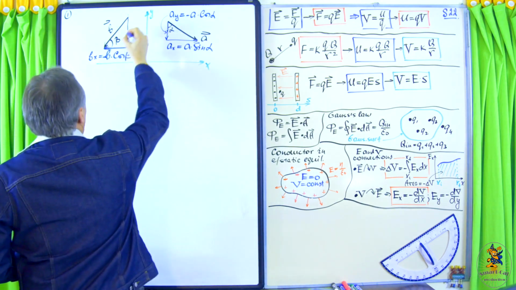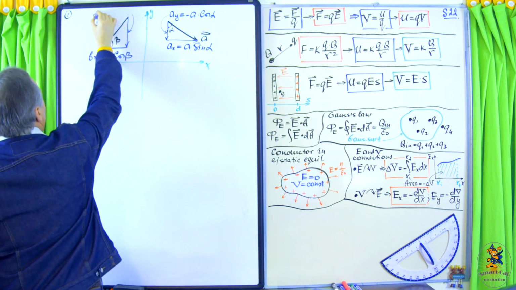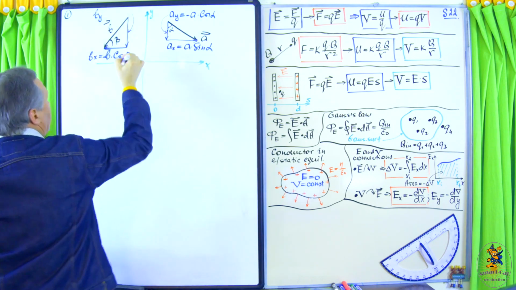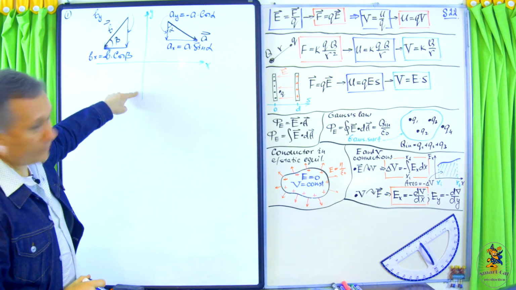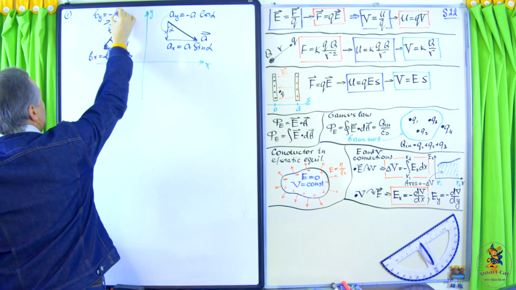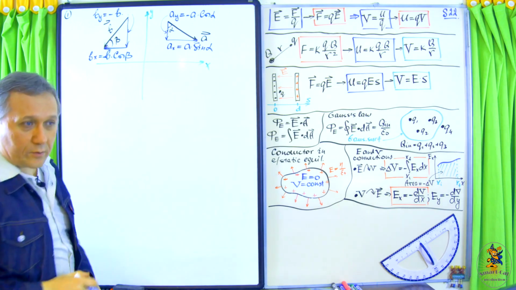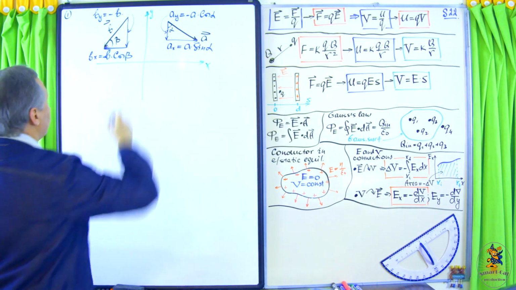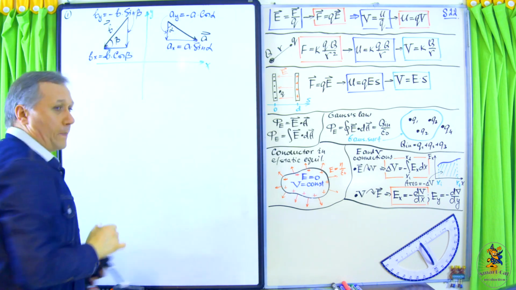Then this component, so it will be B sub y. Again, it's negative because this component points in the negative y direction, downward. So we have to put a minus in front, right? So it will be minus B times, and since this side is opposite to the given angle, we have to use the sine function, B sine beta.